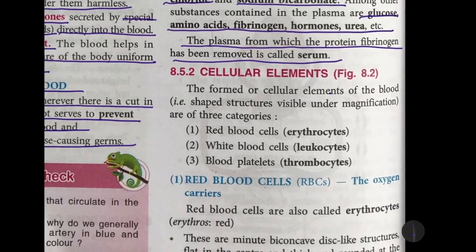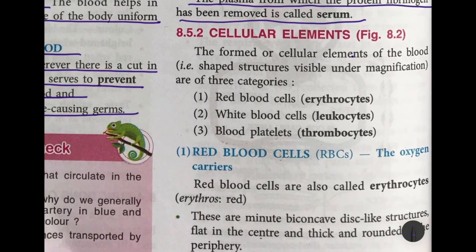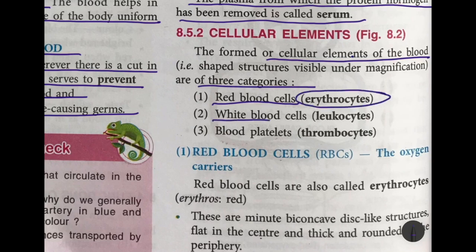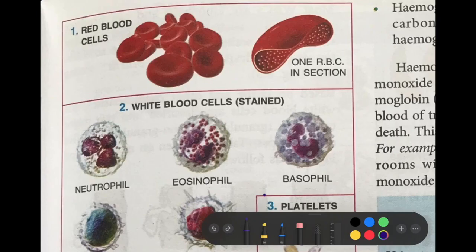Now, cellular elements. The formed or cellular elements of the blood are of three types: red blood cells, also known as erythrocytes, white blood cells known as leukocytes, and blood platelets known as thrombocytes.